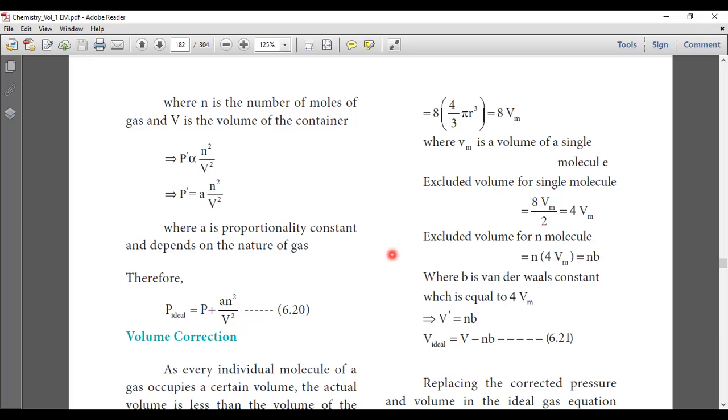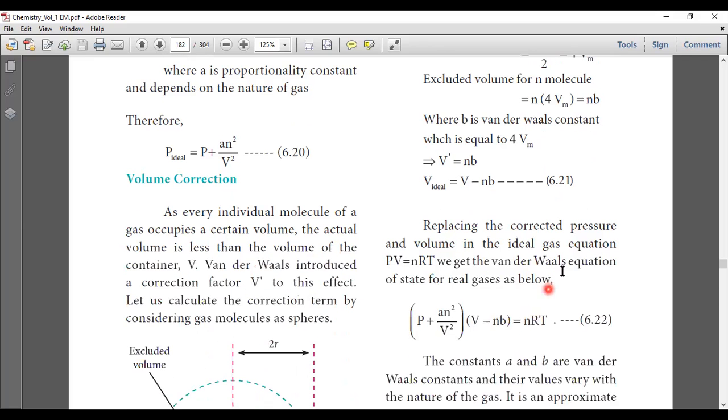So now at last we have to replace the corrected pressure and the volume. So we found the corrected pressure and similarly we found the corrected volume, right? So what are we going to do with these two? We are going to substitute them together here. So that is P plus A n squared by V square, and here V minus nV.